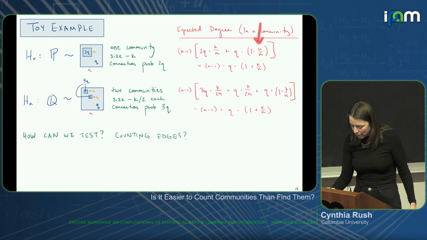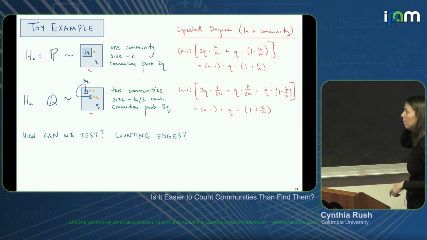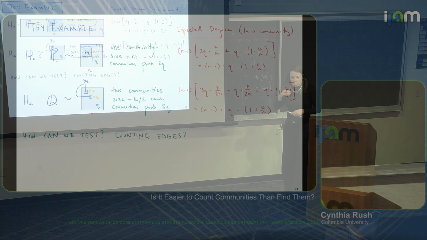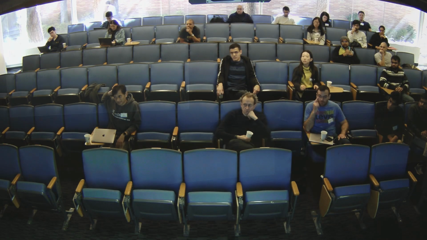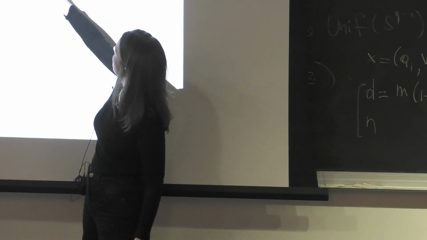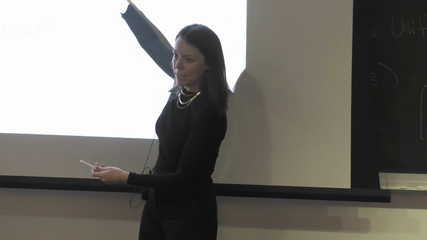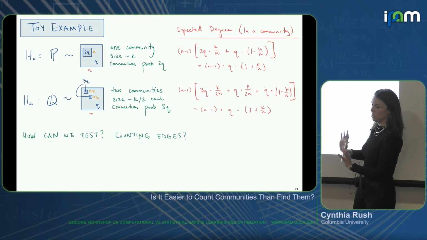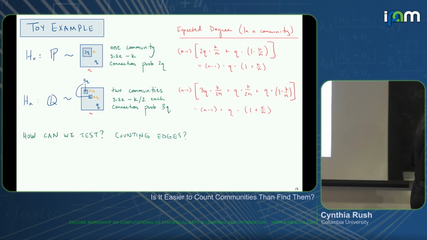With probability 1 minus k over n, they're outside of the community, and my connectivity probability is q. So in this case, I can still count triangles. Yes, and that detects. And then you play the same game for the other graph: you have to be in the same community to get the 3q. If the node's in the other community, then it's just the q background noise, and so on.